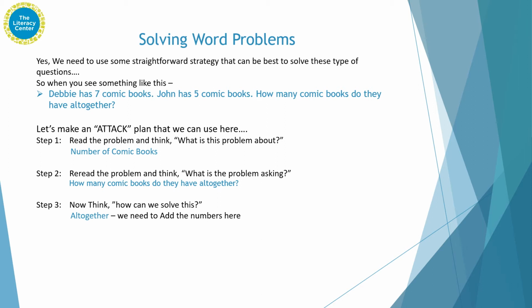How many comic books do they have altogether? So altogether means in total. The problem is asking you to find the total number of comic books they have together, right? So when you need to find this altogether number, we need to add the numbers here, right?